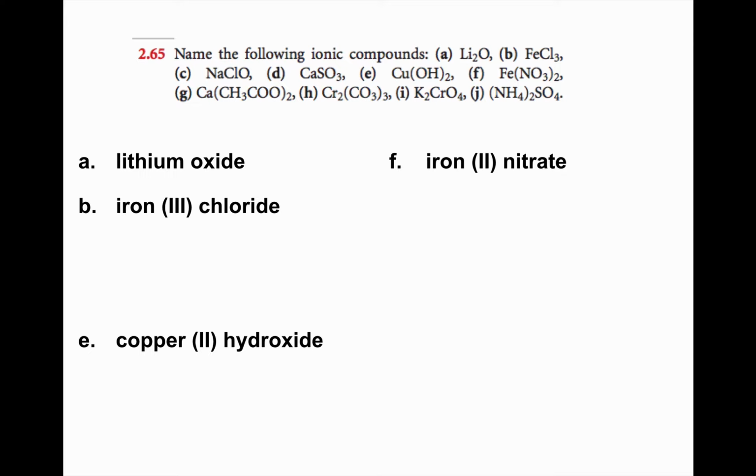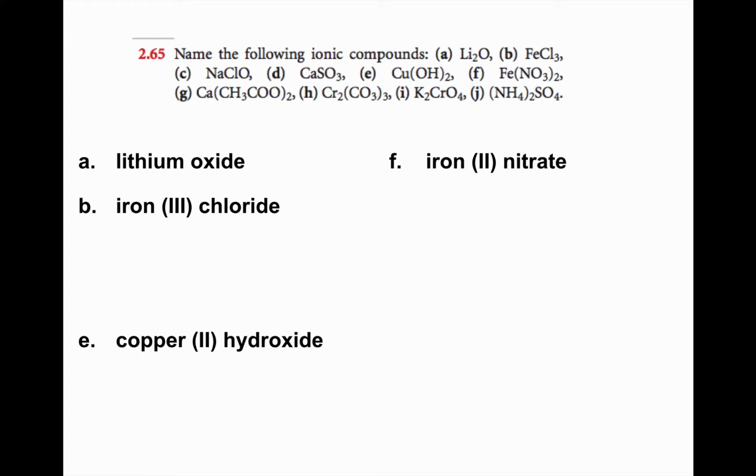Calcium, we know it's +2. Chromium, right? Chromium can come as a +3 or +6 or +2. In this situation, since carbonate is always -2 and you got 3 of them, and we've got 2 chromiums, this must be chromium with a +3 charge.